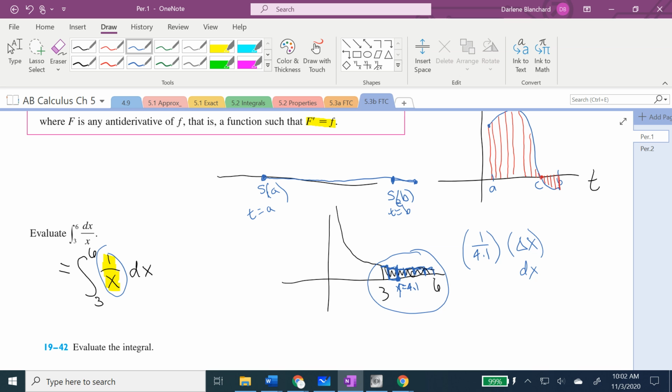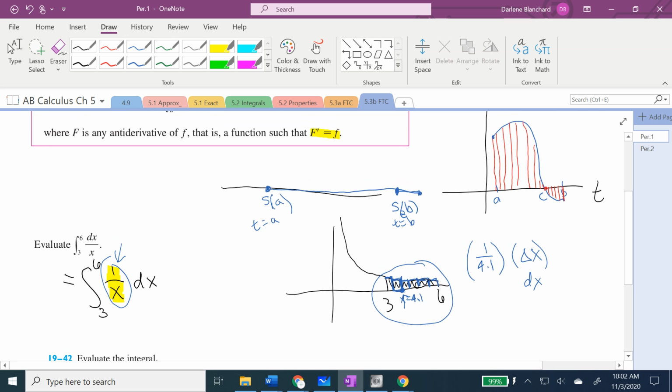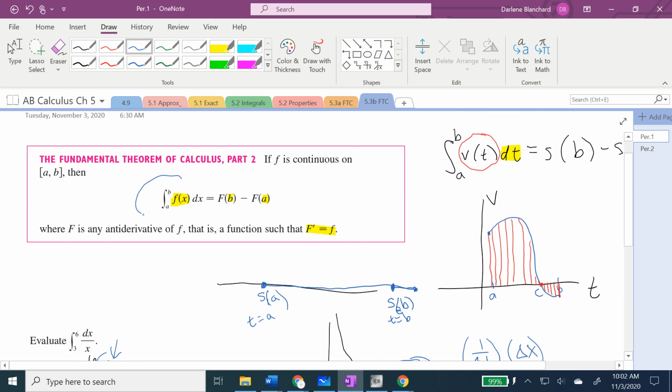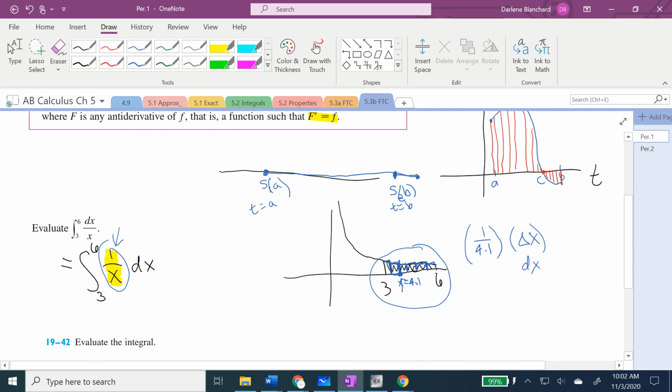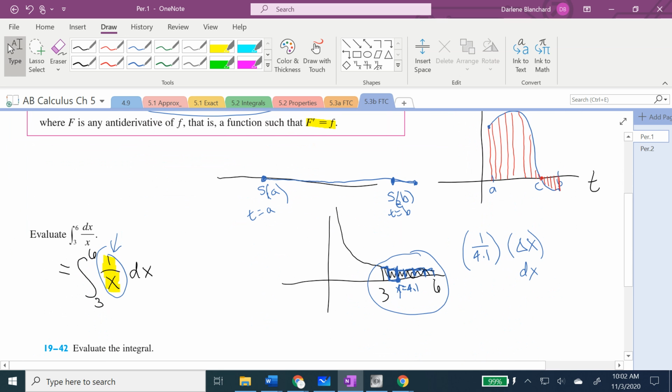And I'm going to use the fact that I know the formula for this antiderivative, and I can use this to determine the numerical answer instead of going through a very, very, very painful process of setting up a bunch of sigmas and limits.